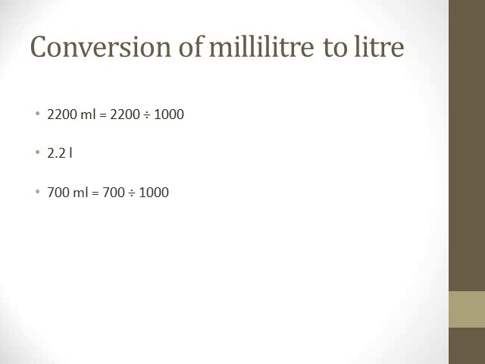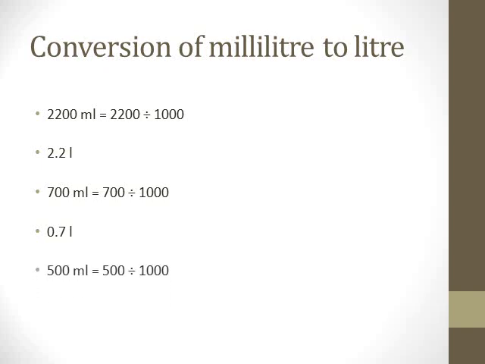And 700 ml, when you divide 700 by 1000, the first move gives 70.0, on the second move 7.0, and on the third move the 0 comes first, and then there's a point between 0 and 7. It will become 0.7 liter, because in 1 liter there are 1000 milliliters, so obviously 700 ml is going to be less than 1 liter.